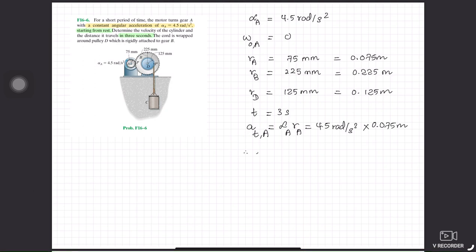So a_t A is equal to 0.338 meter per second squared.